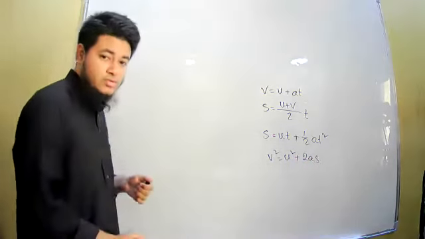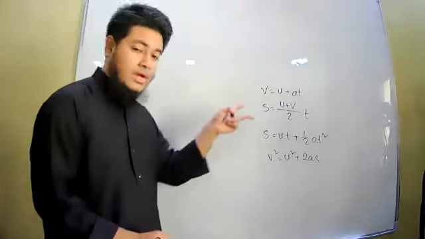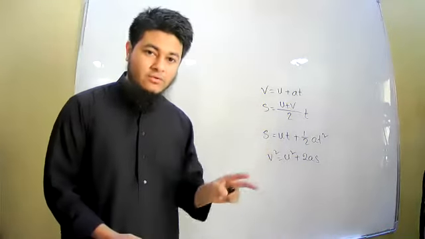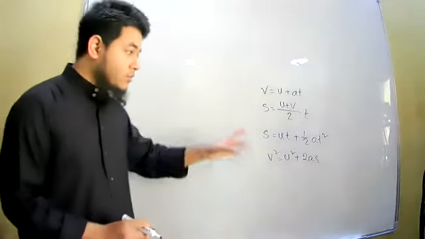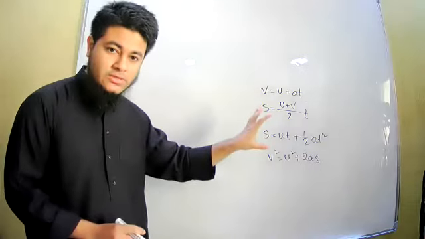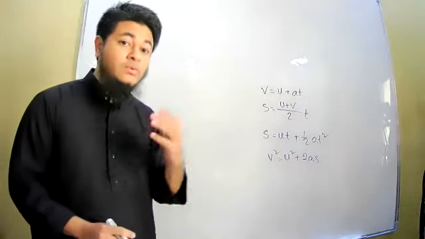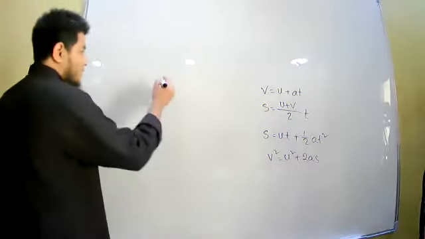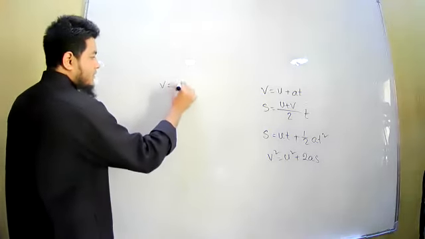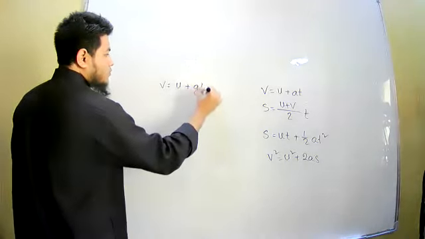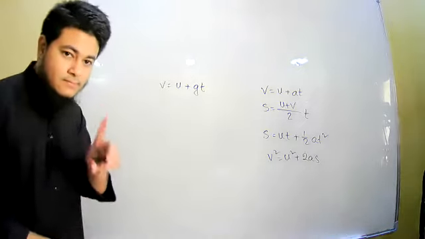We already went through these equations and we saw how these equations were derived or proved, right? Now we are going to apply the same equations for falling bodies, how they will look like. See, for a falling body, the first equation will become v equal to u plus gt.